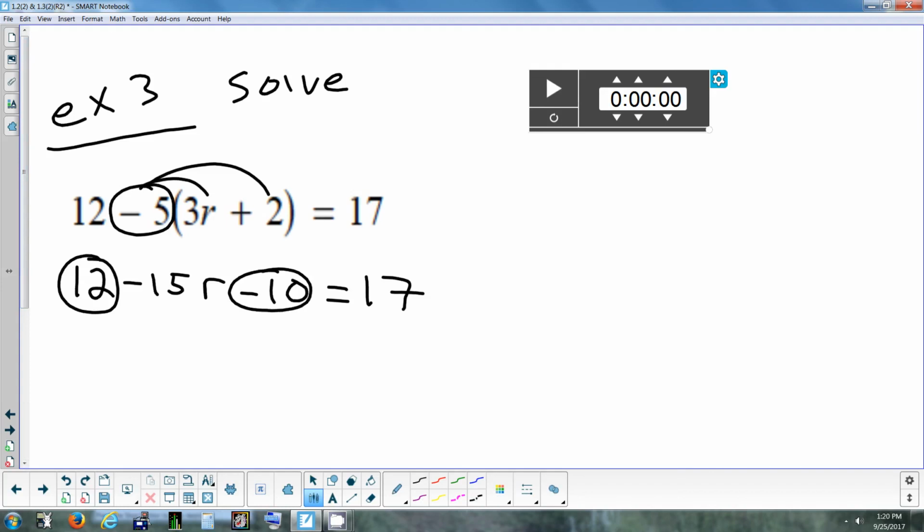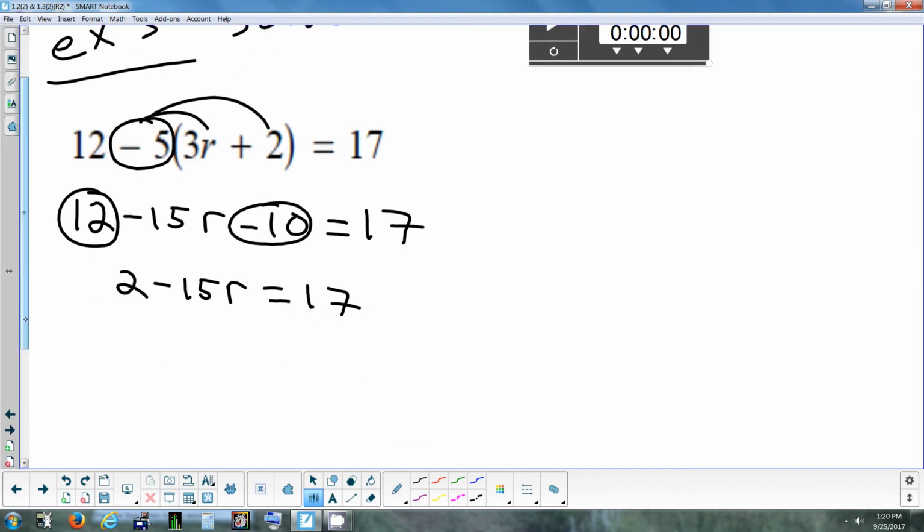Can someone else tell me what's 12 combined with -10? Or what's 12 minus 10? 2. What about the -15r? Just keep it. Nothing changes. 17? What do I do with that? Just bring it down. Nothing changes. And then you add 17.